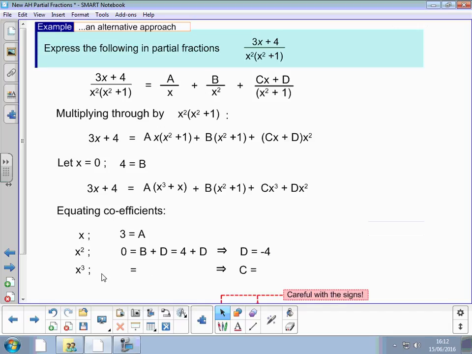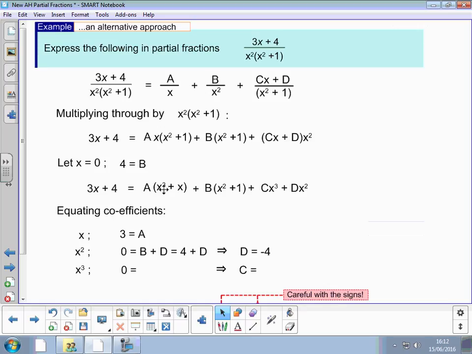Just leaving us c. So at this point, you could substitute any number you like into it, to be honest, because since you know a, b, and d, we can get an answer regardless of what we do. But if we just stick to the method of equating coefficients, on the left-hand side, the coefficient of x cubed is 0.